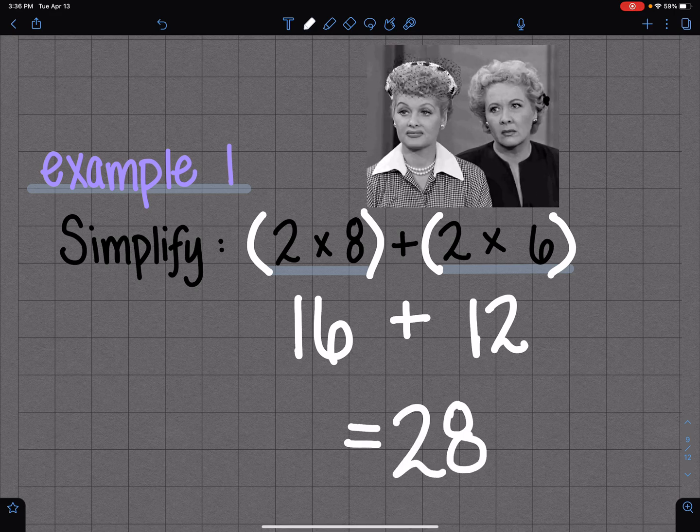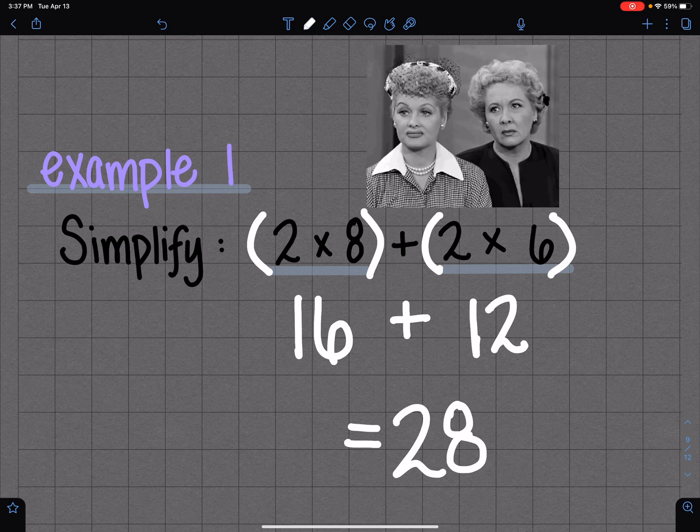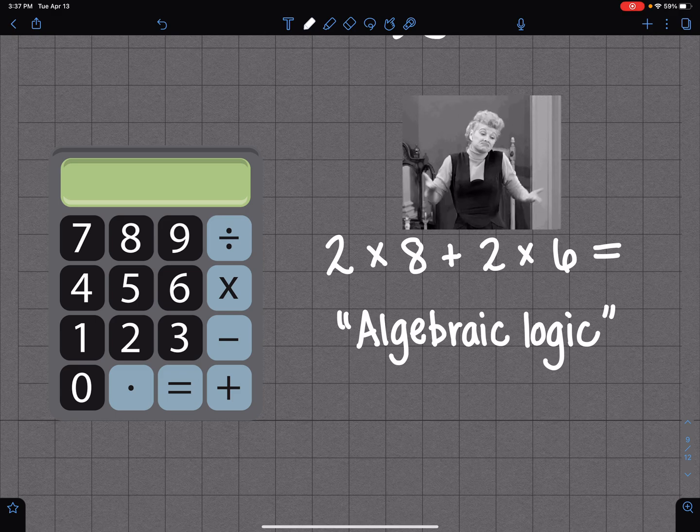Now, I want you to notice something that is really super important. If you had done these in the wrong order, you would have definitely gotten the wrong answer. So I want you to get a calculator and plug this into the calculator to see if it gives you the right answer or the wrong answer, because some calculators will do the order of operations for you, and some of them will not.